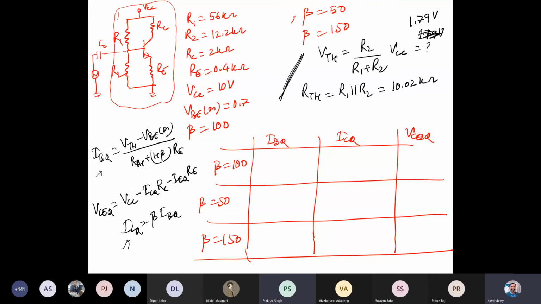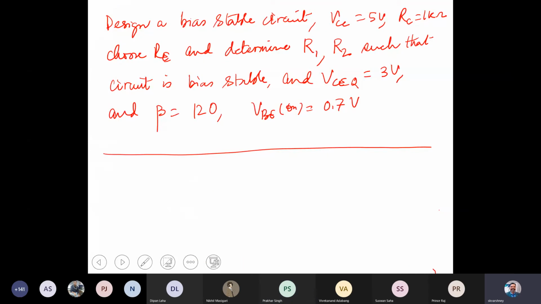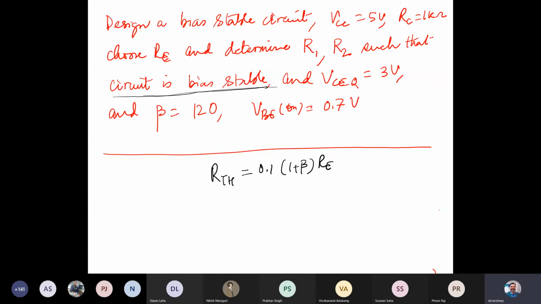So can you show the next question? Yes. So design a bias stable circuit. Basically, the parameters given are VCC is 5 volt, RC 1 kilo ohm. Choose RE and determine R1, R2 such that the circuit is bias stable. Once the statement says the circuit is bias stable, you can simply write as per the bias stable criteria: RTH is 0.1 times (1 plus beta) into RE, and RE you need to choose.